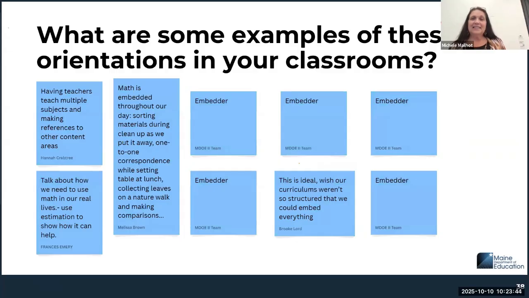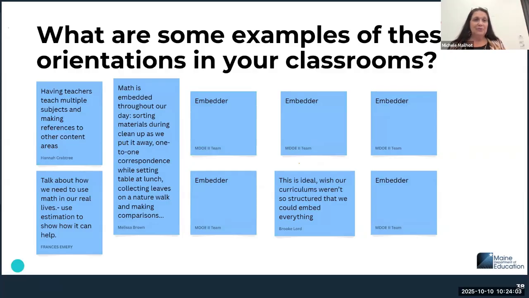Oh, I love it. So you're seeing evidence of all three of these orientations happening in your classrooms. Yes. Great. Because remember, we said it's not that one is better than the other. It's about an opportunity for all of these orientations.